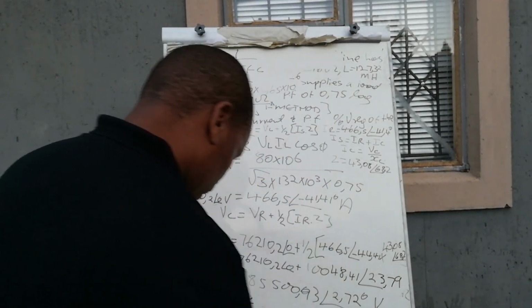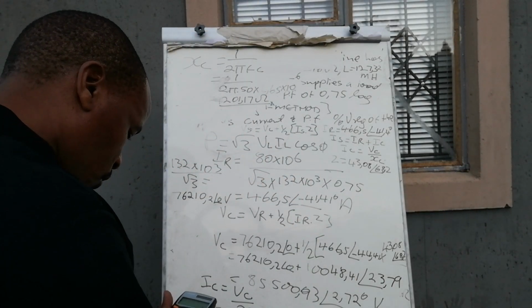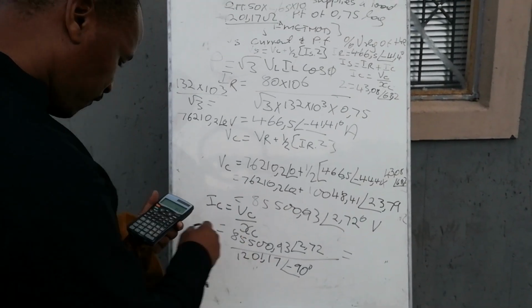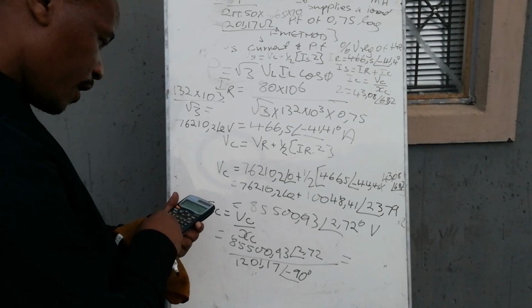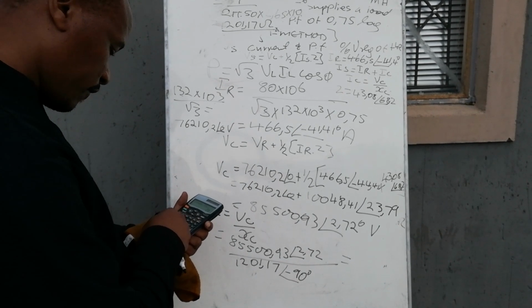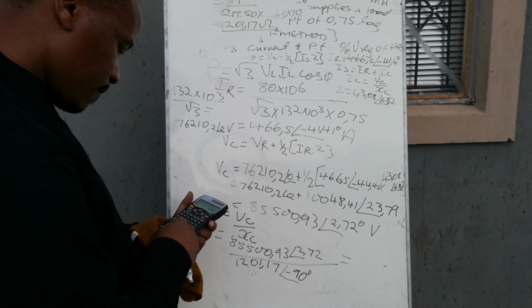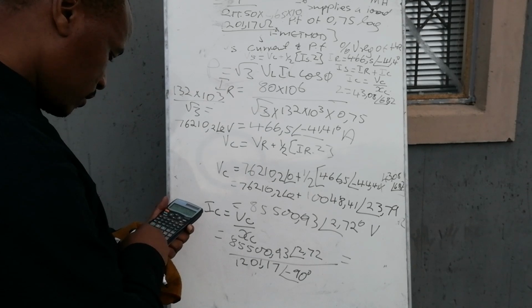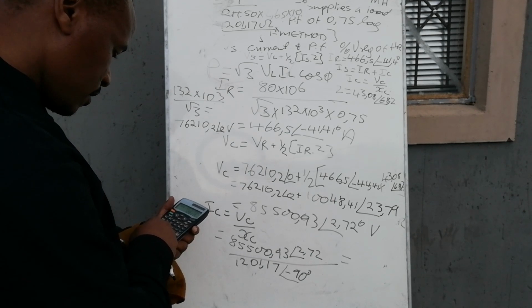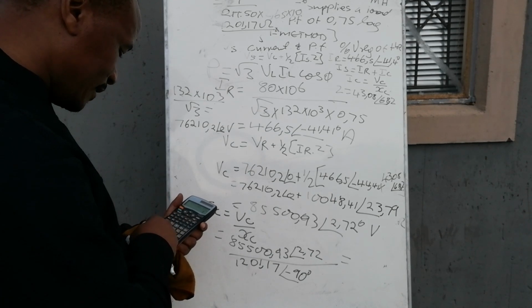Okay, it's equals to what? Let's say it is equals to 85500.93 angle of 2.72 divided by 1201.17 angle of minus 90.